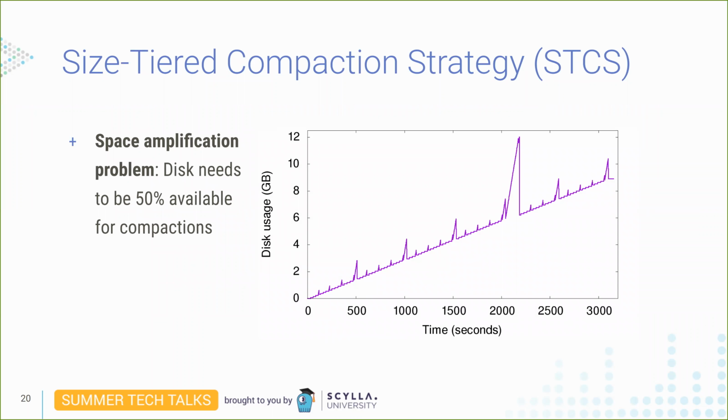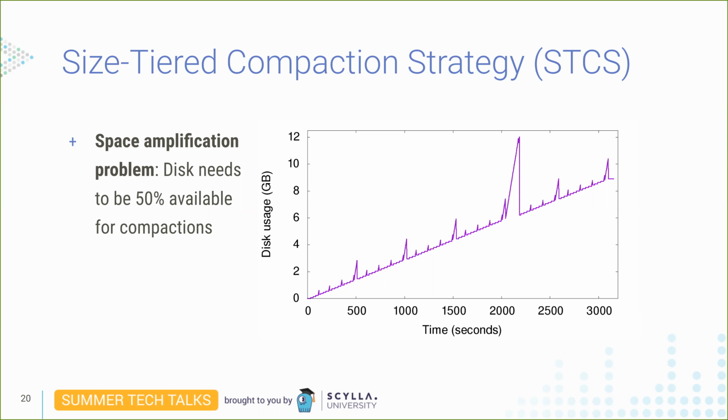The size-tier compaction strategy is the default used by Scylla, and is triggered when the system has enough SSTables with similar sizes. As we can see in this graph, it has disk usage spikes, and they happen when we compact all SSTables. For example, when we believe that records are taking too much space and we want to get rid of them by running nodetool compact.